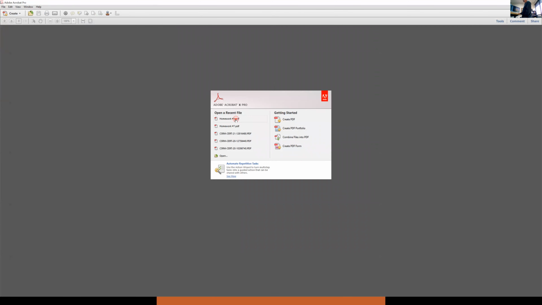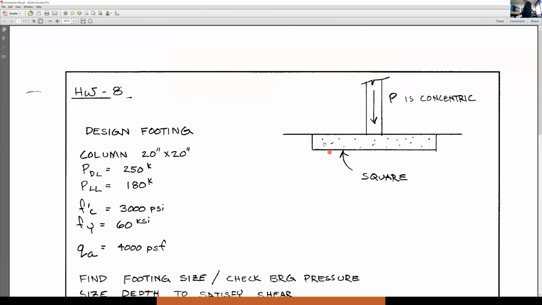I have a question for this homework. It doesn't have soil on top, right? Yeah, you don't always have overburden. See how I drew the foundations flush to grade?